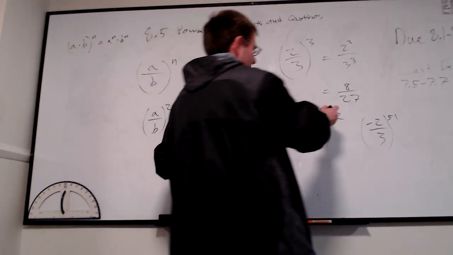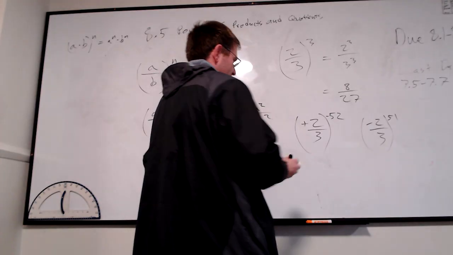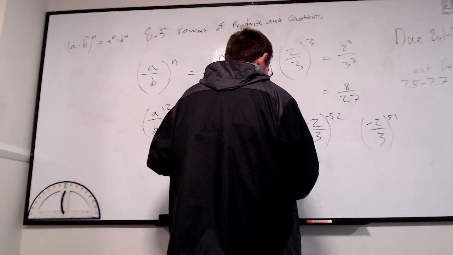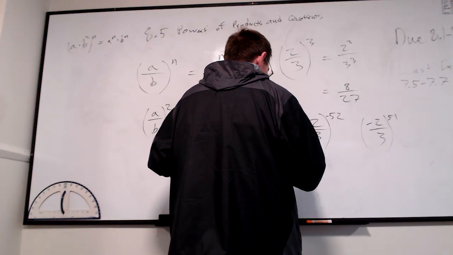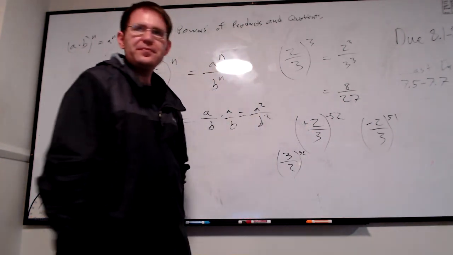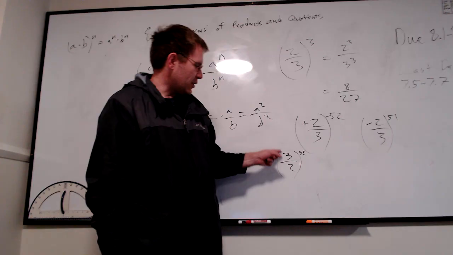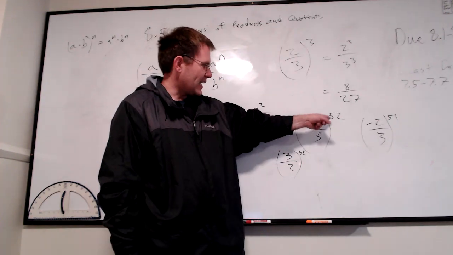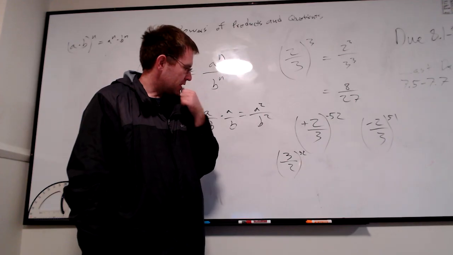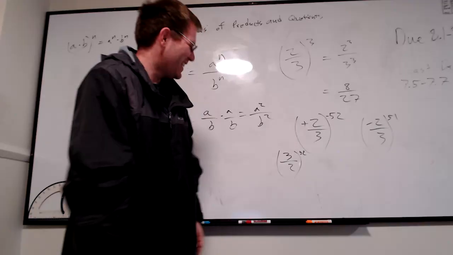So if this was negative 52, that would be the same as 3 over 2 to the 52nd. So that's still a positive number, even though it's a negative exponent. It might actually be a okay size positive number.